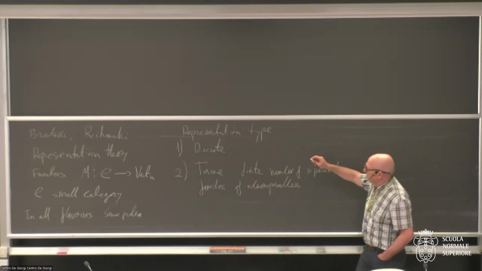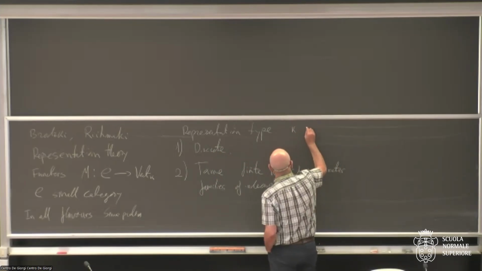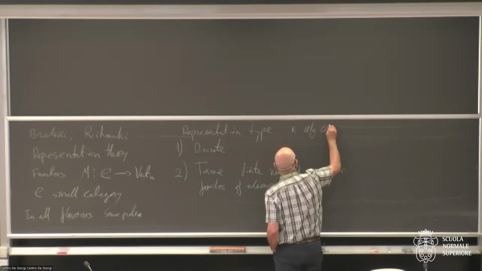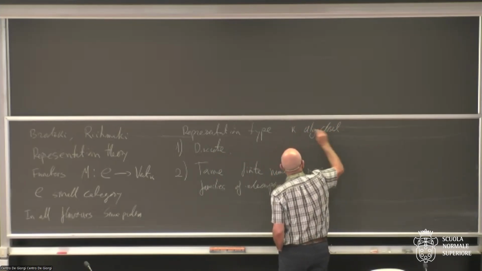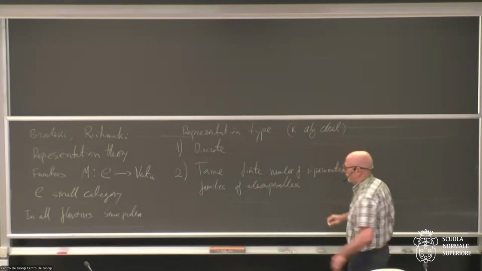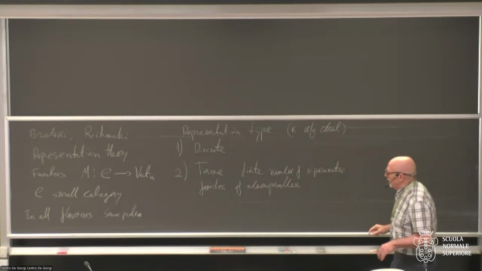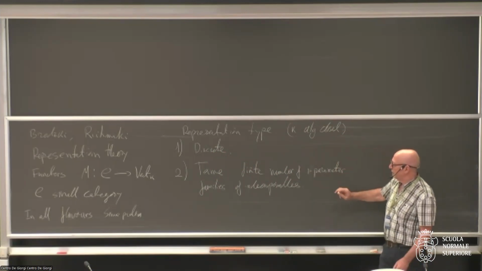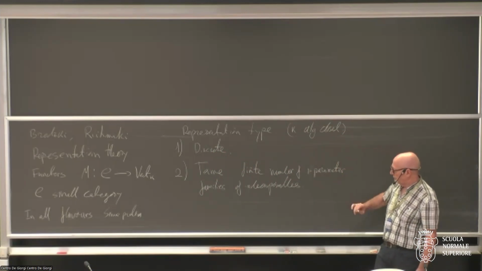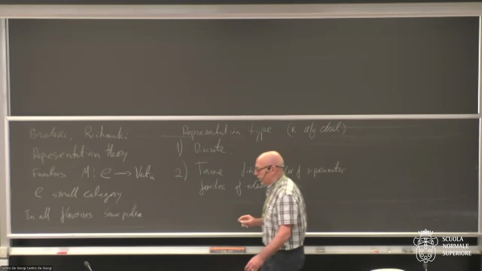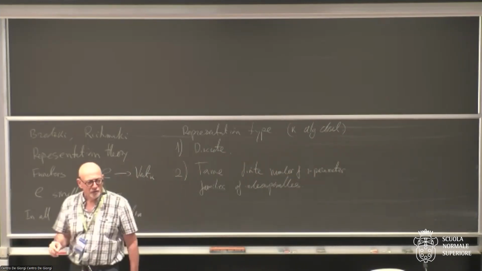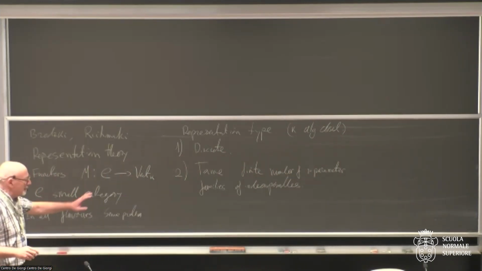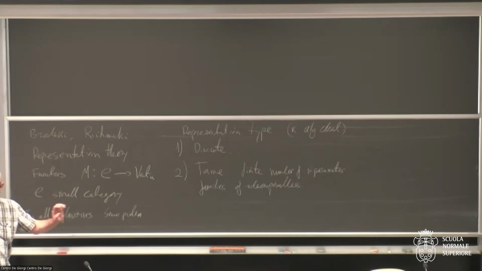I did not say that here, but I'm talking about K algebraically closed. For this sort of classification to work, you need that. Algebraically closed in particular is going to be infinite. So a finite number of one parameter families of indecomposables means in particular that you're going to have infinitely many of them, but it's still under some control, which is why it's called tame.